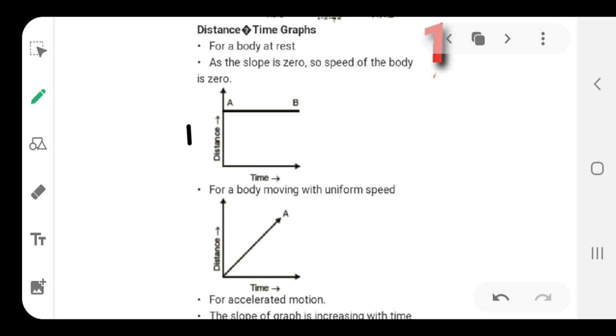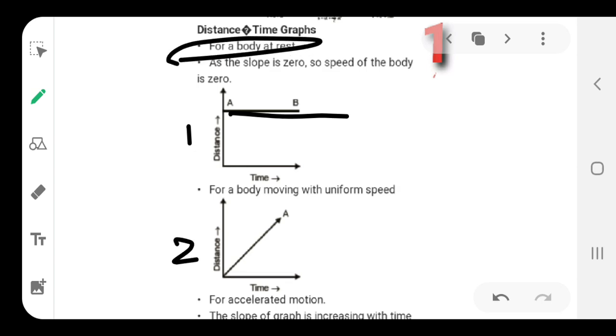Why is the body at rest? Because the slope is 0, this straight line slope is 0. So, the speed of the body is 0, and that means the line is a horizontal line on the time axis. That is the first case when the body is at rest.